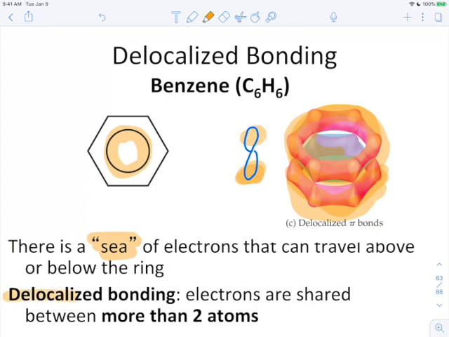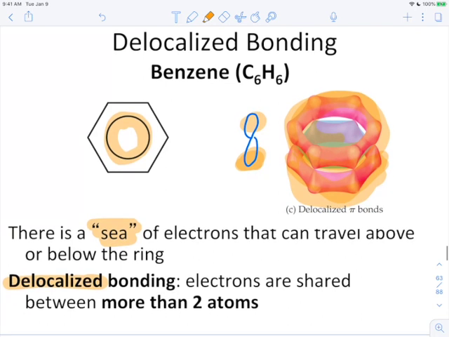So it is considered delocalized because the electrons are shared between more than two atoms. In this case, all 6 carbons get to share these electrons. So any questions about the idea of the delocalized bonding? This is something we're going to see for all of our molecules that have resonance structures.